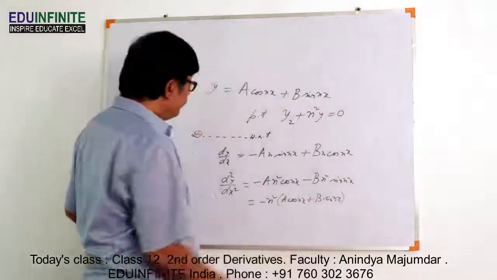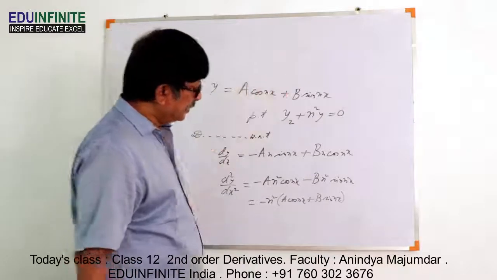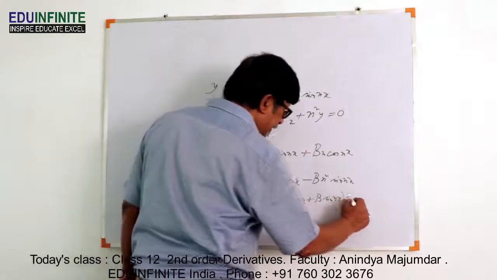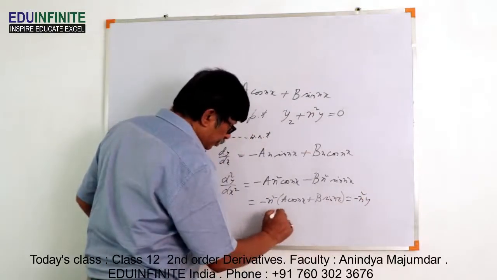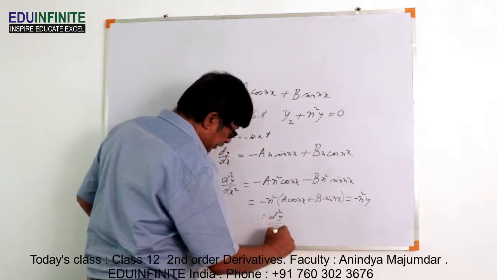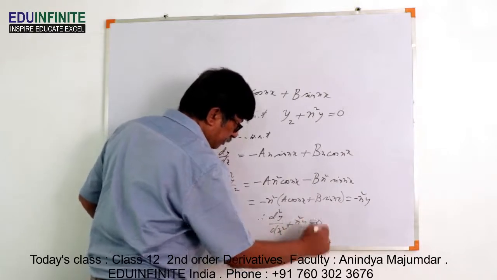And this is nothing but y. So it is equal to minus n square y. Therefore, d2y/dx2 plus n square y is equal to 0.